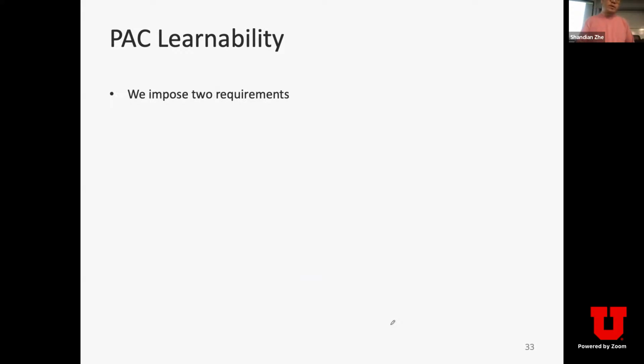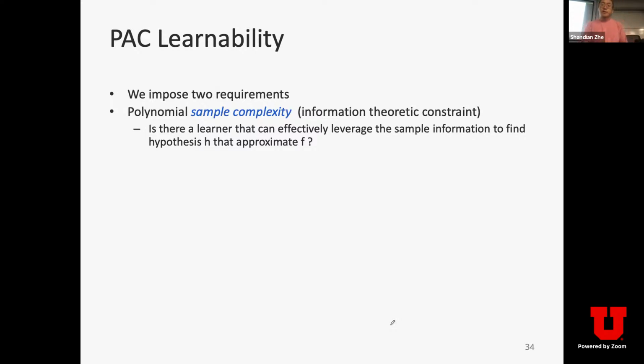So to summarize what PAC learnability is, we impose 2 requirements. First, polynomial sample complexity. Right? This is kind of an information theoretic constraint, meaning that, okay, if we want to increase the generalization accuracy, in other words decrease the generalization error, and improve the chance to get a low generalization error hypothesis, we don't need our training examples to grow too fast. We just need the growth to be polynomial.